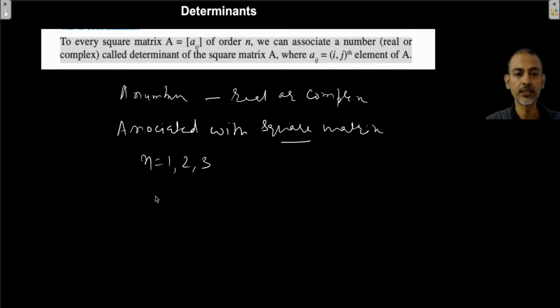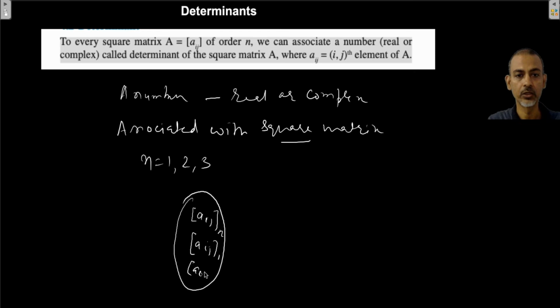To understand it in a different way, there are many square matrices like Aij with order 1, Aij with order 2, and so on and so forth. And on the other side there are numbers, say 5, 10, 15 or something like that.